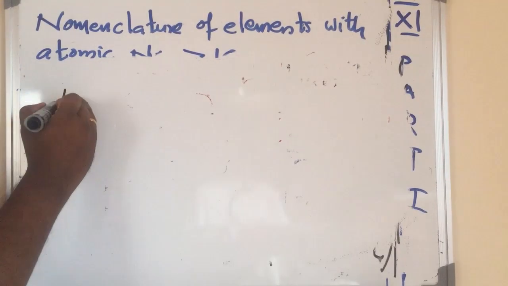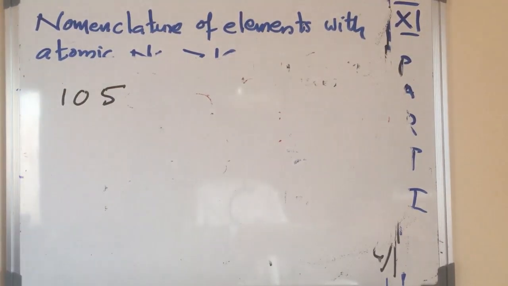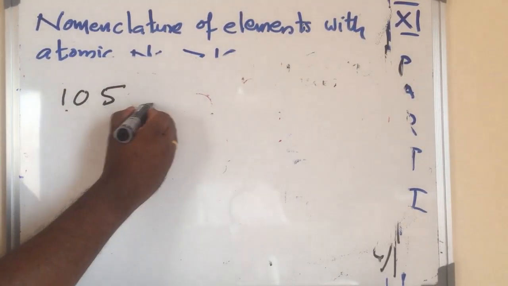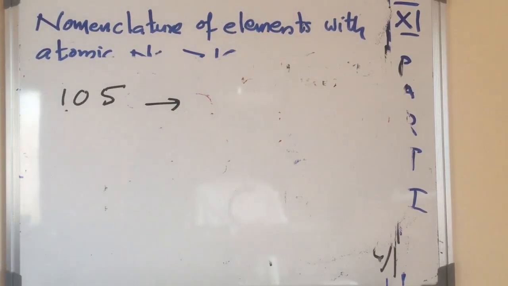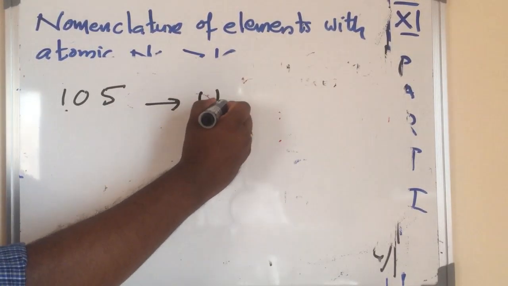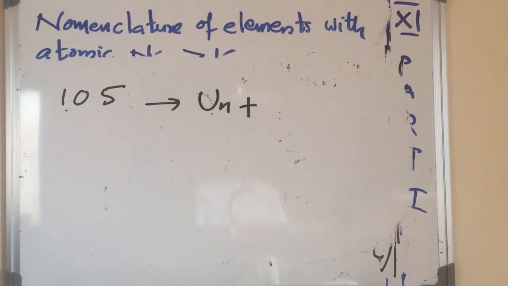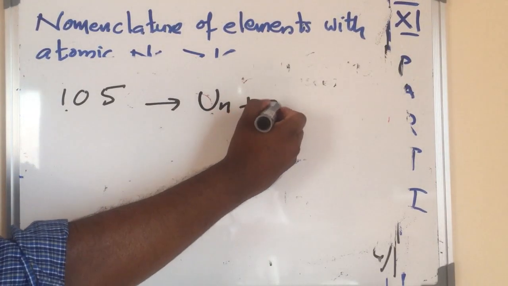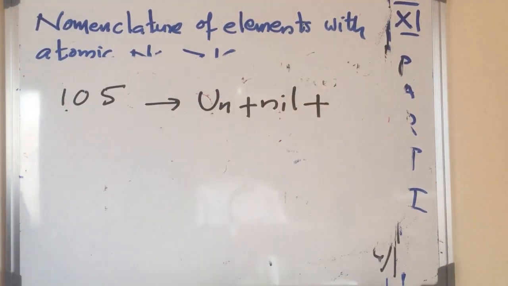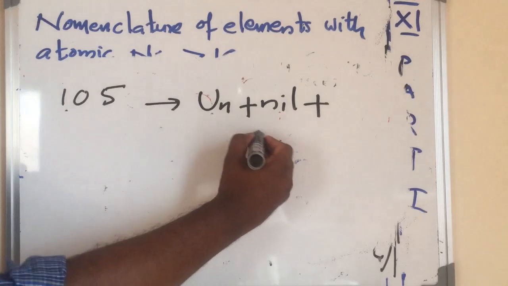Write 105. How to write? For 1, what do you write? Do you remember for 1? Un. Plus, for 0, nil. Actually, we can add them together and write: un, nil. Plus, for 5, pent.